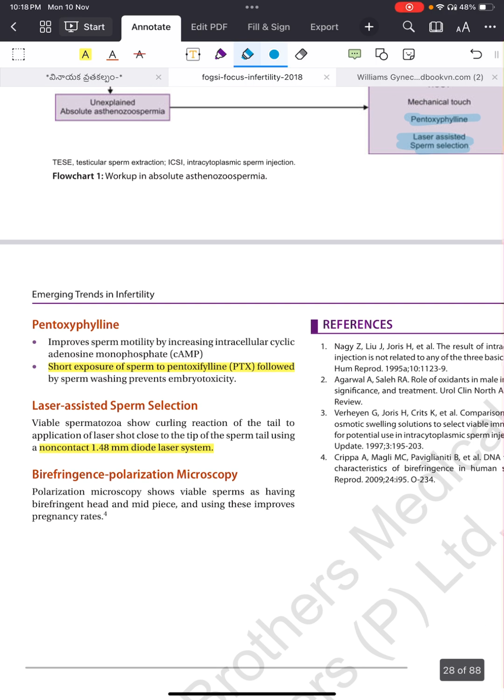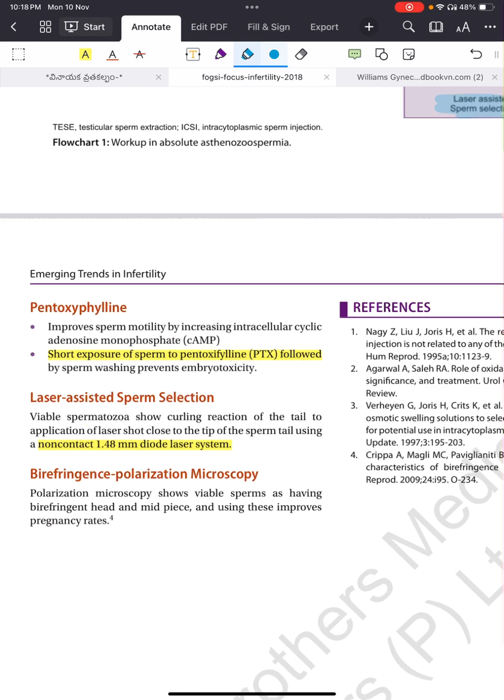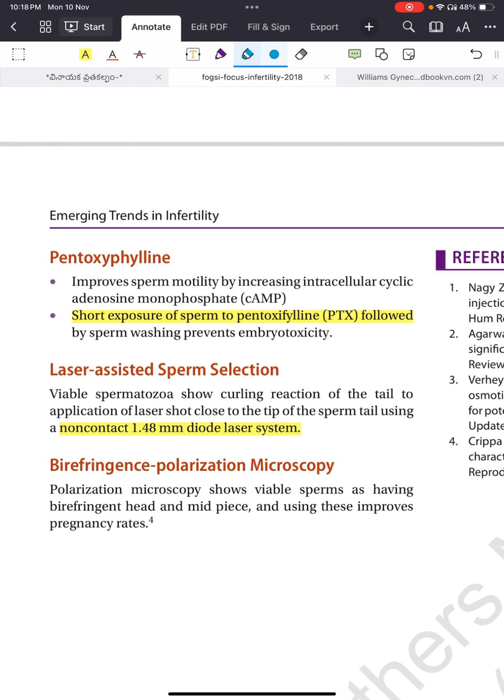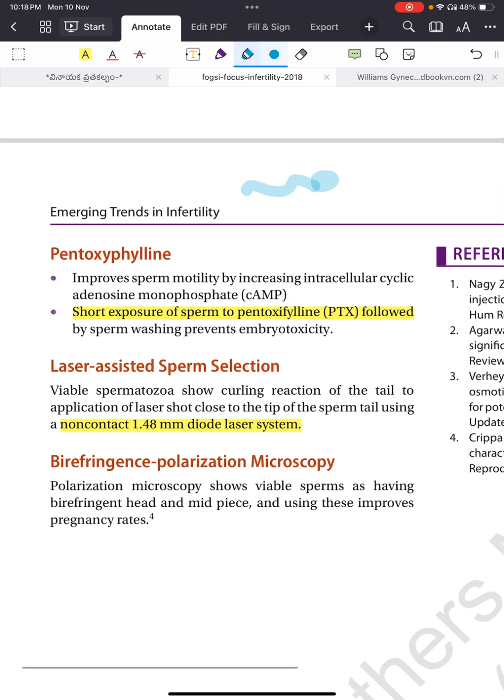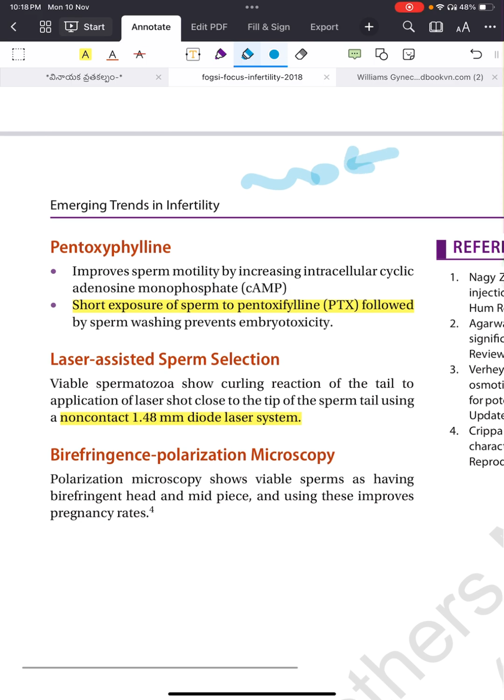I told you another two tests for selecting the viable sperms, right? One is pentoxifylline, the other is laser-assisted sperm selection. So what is pentoxifylline? It improves the sperm motility by increasing the cyclic AMP. You add this pentoxifylline to the sperm and it improves the motility because of cyclic AMP.